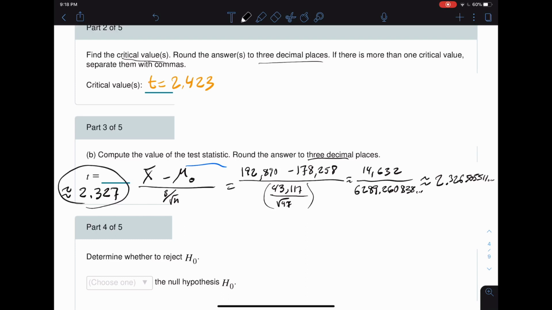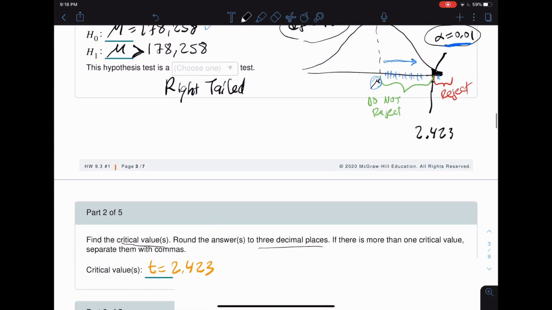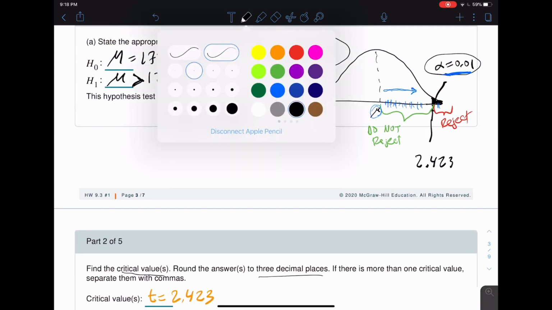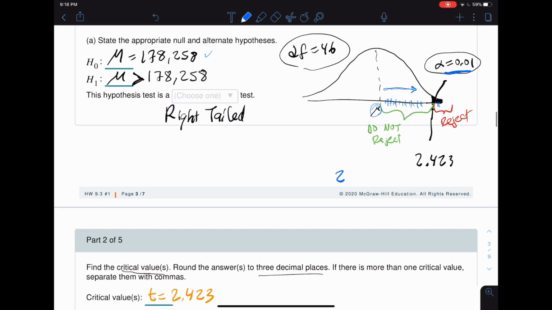Okay, well, this is the moment of truth. We're going to plot our t-value of 2.327 and see if we reject or not. When I go to plot my test statistic, what was that number again? It's about 2.327. That's from my sample.